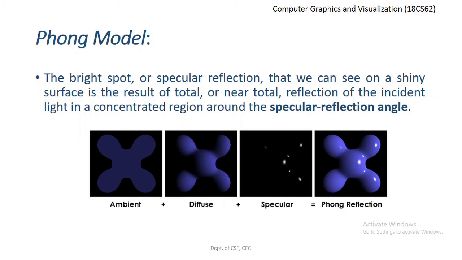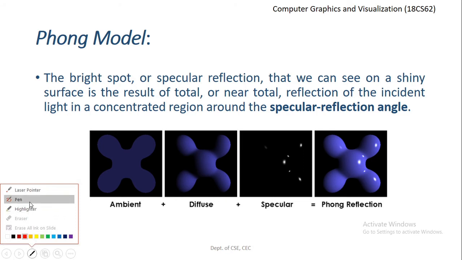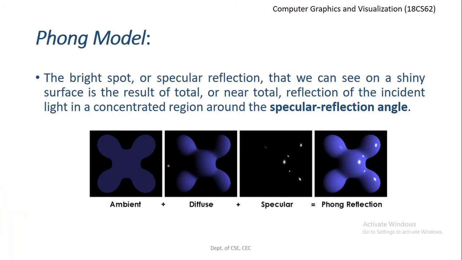Now, the brightest spot or the specular reflection that we can see on a shiny surface is a result of total or near total reflection of the incident light in a concentrated region around the specular reflection angle. Now we have an angle called the specular reflection angle. This is the angle that is used to determine the amount of specular reflection from a given surface.